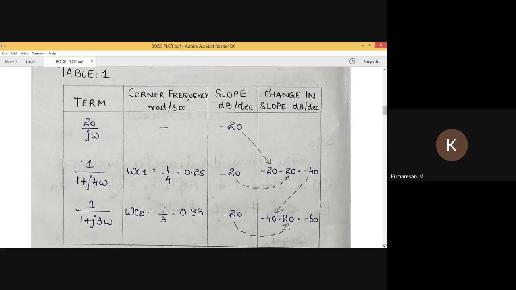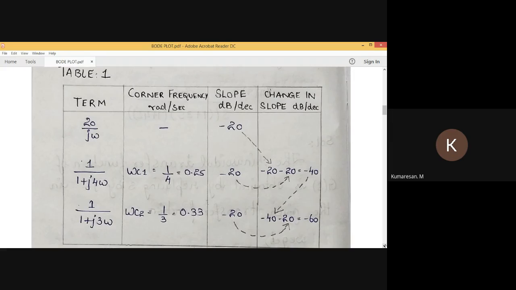Previous minus 20, present minus 20, so minus 20 minus 20 equals minus 40. The slope change occurs after the corner frequency, so the resultant slope is minus 40.